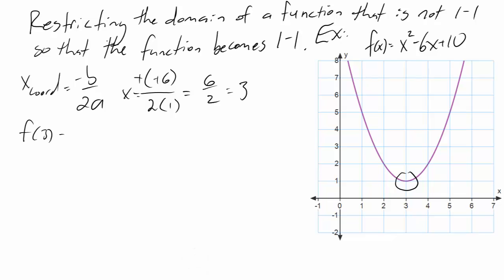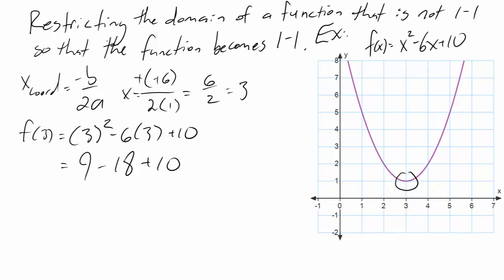So that'll be 3 squared minus 6 times 3 plus 10. 3 squared is 9, 6 times 3 is 18, and a plus 10 here. So 9 minus 18 is negative 9, plus 10 is positive 1. So that's our value for f of 3, telling us that we have a vertex at the point 3, 1, just as it appeared to be on our graph.